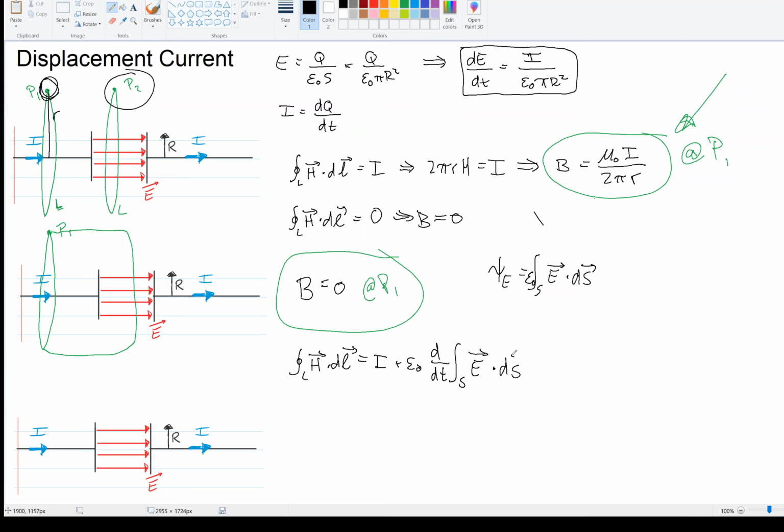times this integral. So this is a change in electric flux now. So this is what Maxwell suggested, and again, here is the real current, that's the penetrating current of Ampere's law, and then here is Maxwell's amendment, and Maxwell called this displacement current.